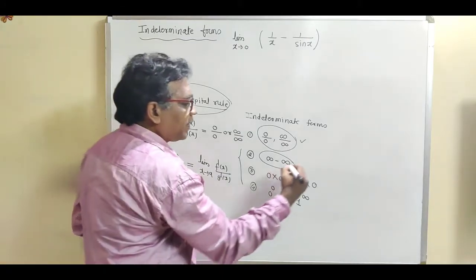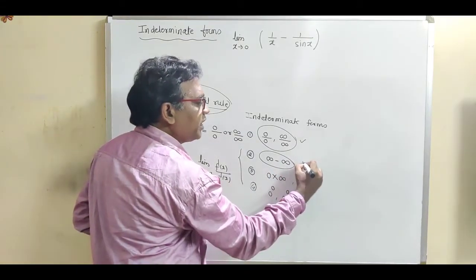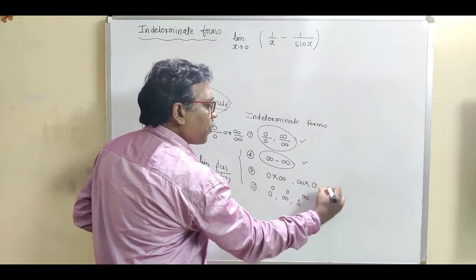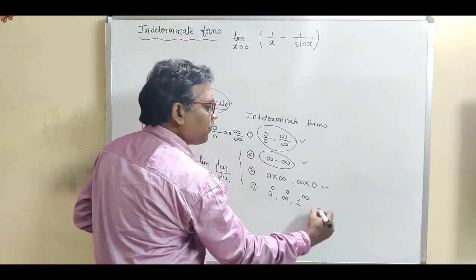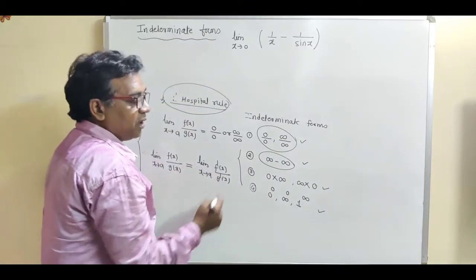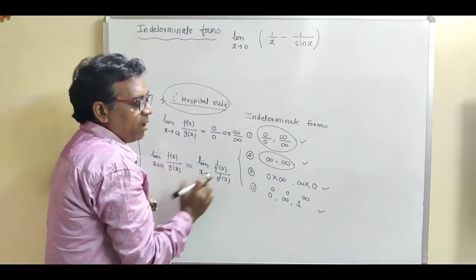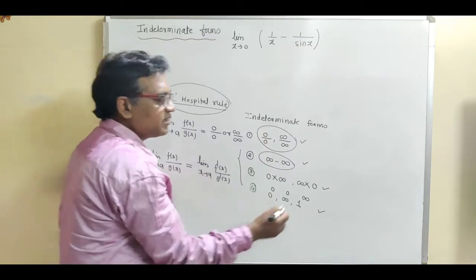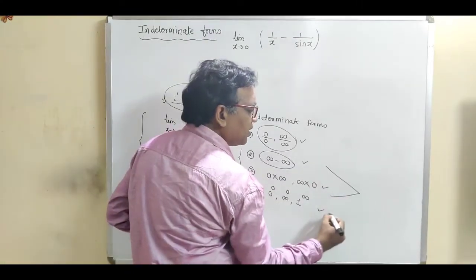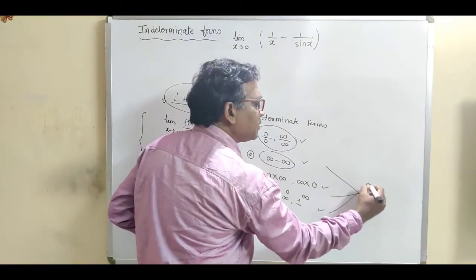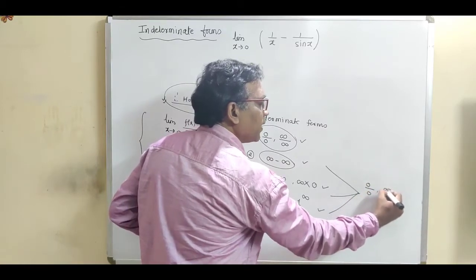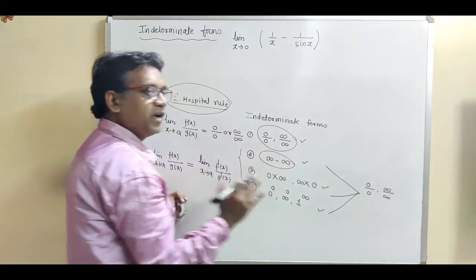Now for the remaining cases, infinity minus infinity, product infinity with 0 and function raised to function, 0 by 0 and infinity upon infinity is the proper form. For these remaining cases, we have to convert them into division form, either 0 by 0 or infinity upon infinity.